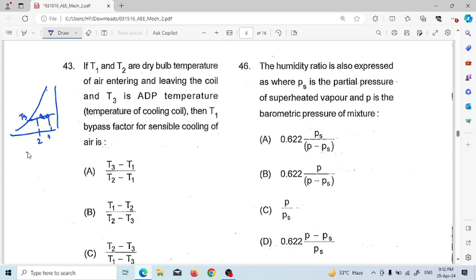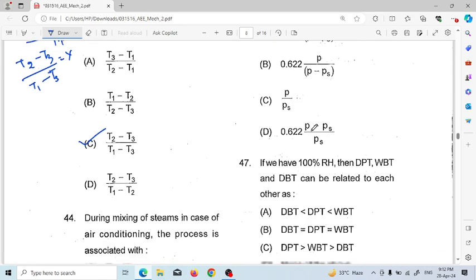Sensible cooling means the temperature decreases, and T1 is greater than T2, and T2 is greater than T3. So this region is the bypass factor. So T2 minus T3 divided by T1 minus T3 is the bypass factor. So option C is the correct answer.